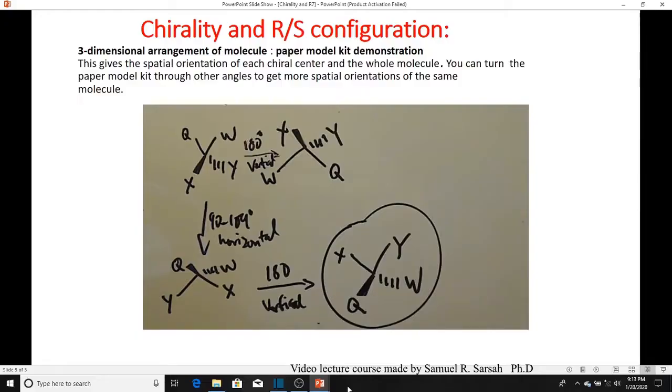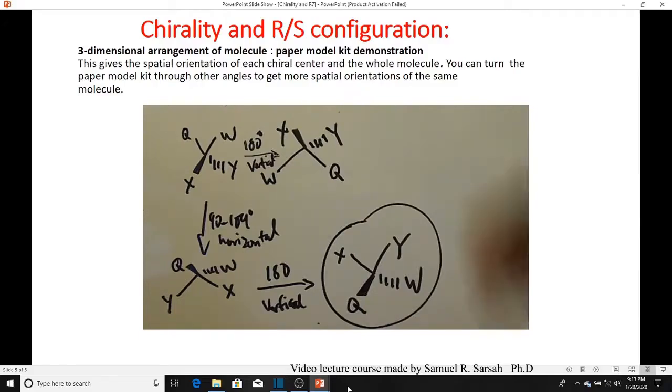You come across something like this a lot, where they'll give you a compound and ask you whether it's the same or not. These are all the same, but I've turned them through different angles.